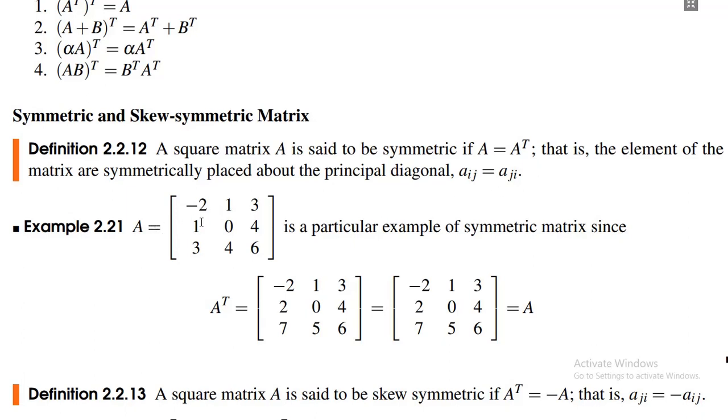For example, matrix A is minus 2, 1, 3, 1, 0, 4, 3, 4, 6. This is one example of a symmetric matrix.